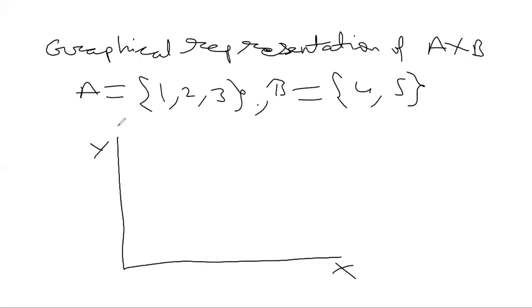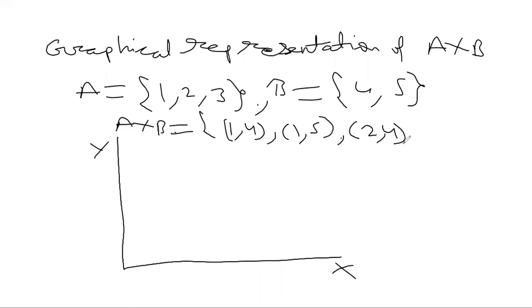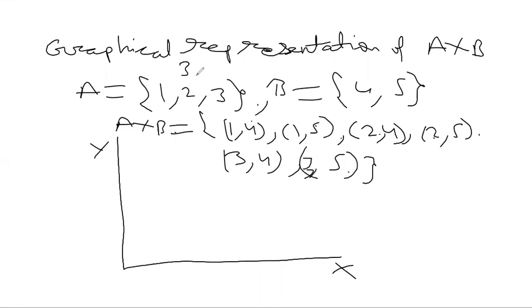First of all, what will be the elements of A cross B? Let us start: 1 and 4, then 1 and 5, then 2 and 4, then 2 and 5, then 3 and 4, then 3 and 5. How many elements are there in total? 1, 2, 3, 4, 5, 6. Here there are total 3 elements, here there are 2 elements. 3 into 2 is equal to 6. So there will be 6 elements and we have already got it.